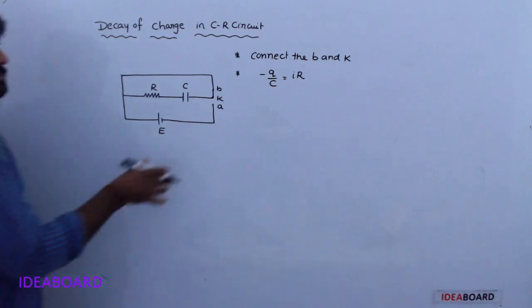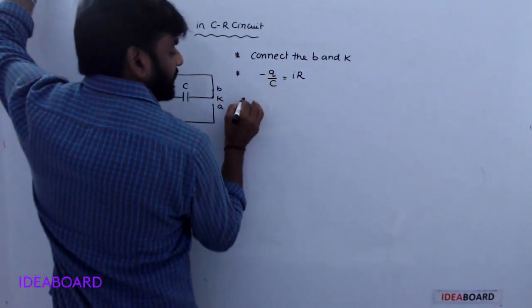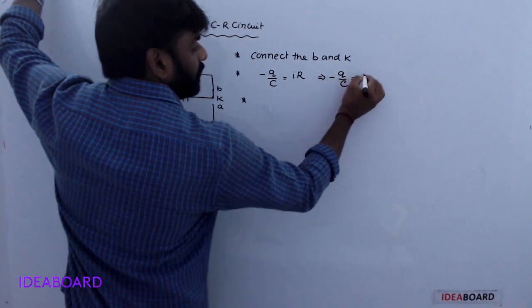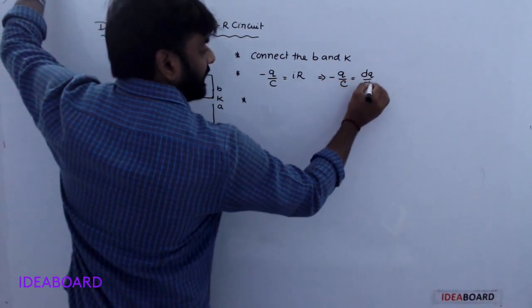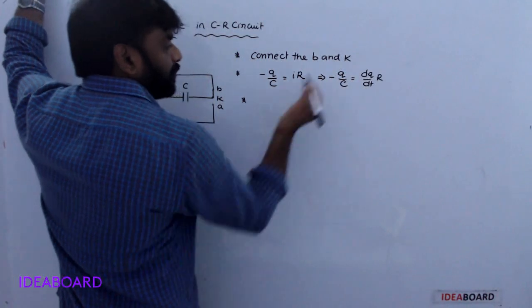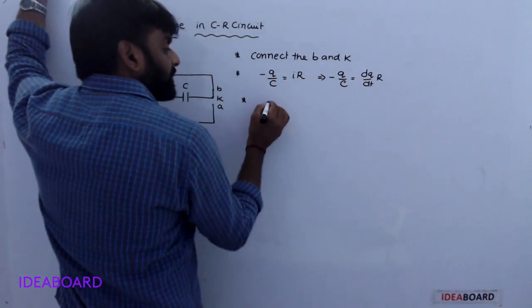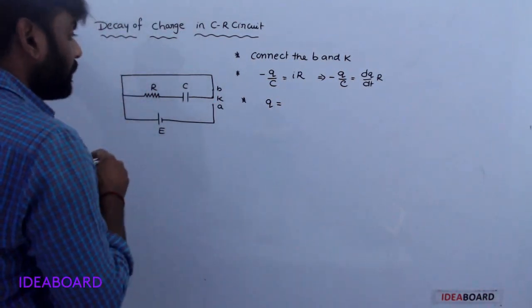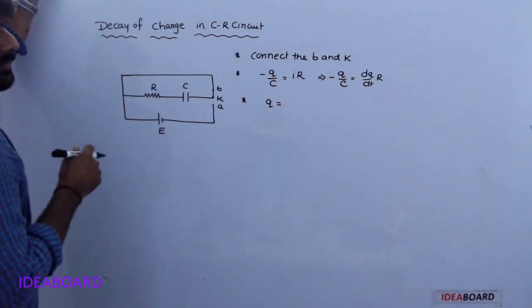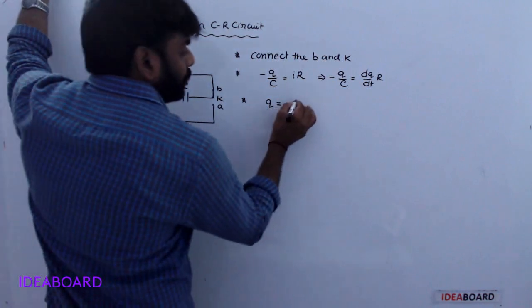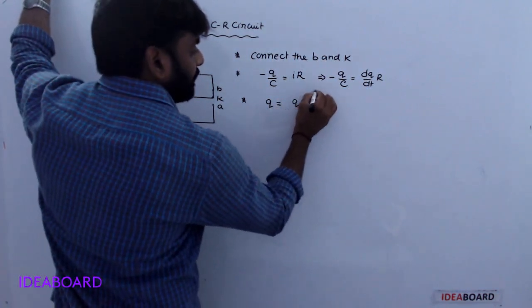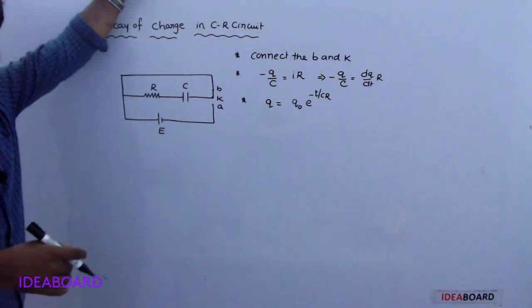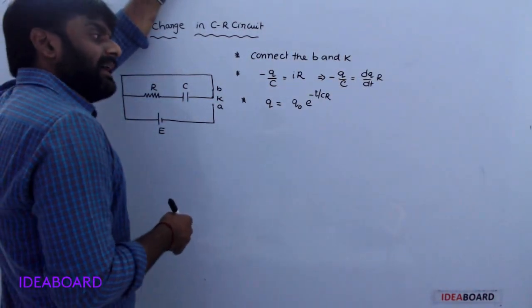Now on simplification, dq by dt into R, and Q is equal to Q naught into e power of minus t by CR.